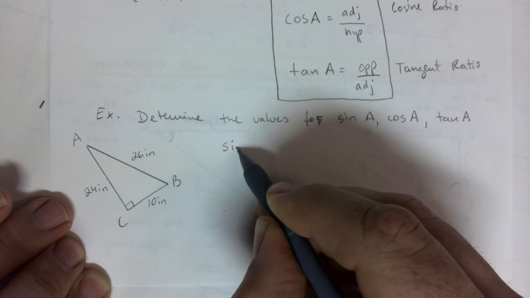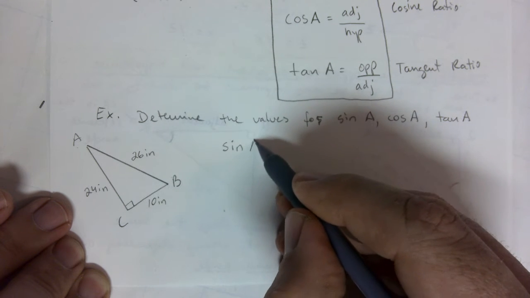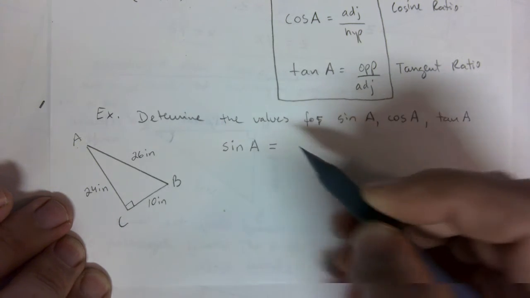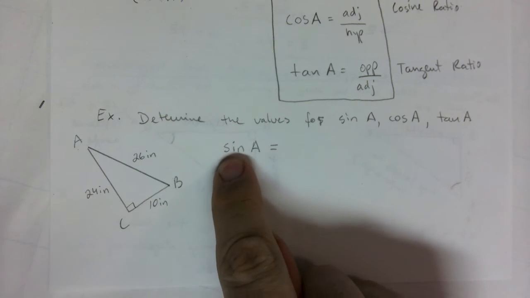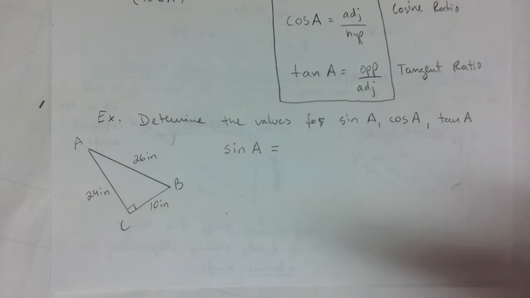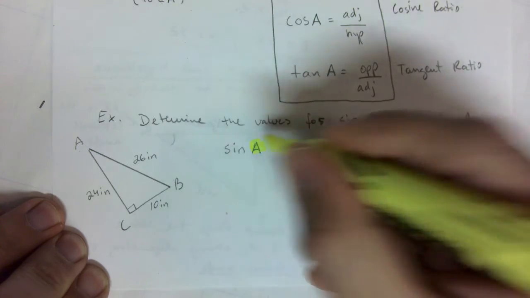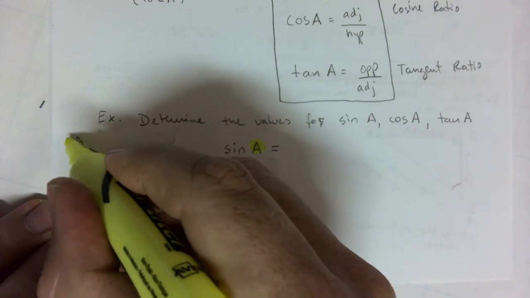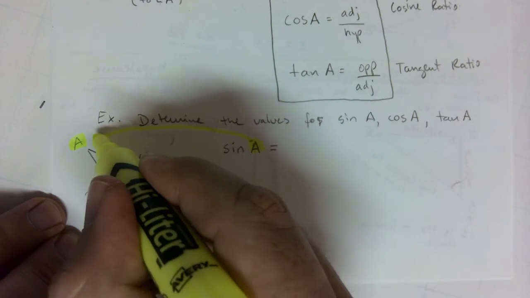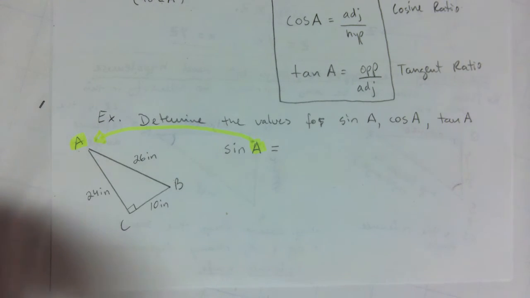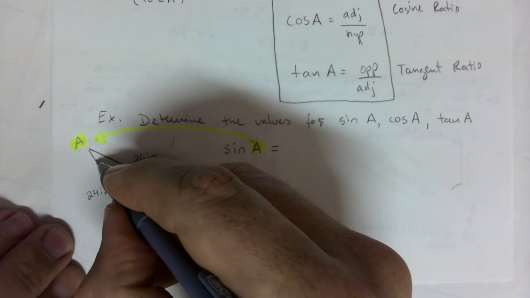So we're going to start with sine of angle A. This is very important. I'm going to highlight this part. Pay close attention, okay? When you see sine of A, that is now your reference angle. They're basically saying that this is now your reference angle.